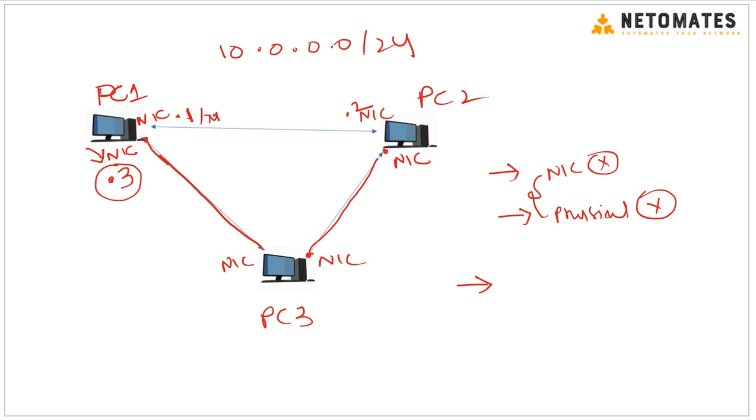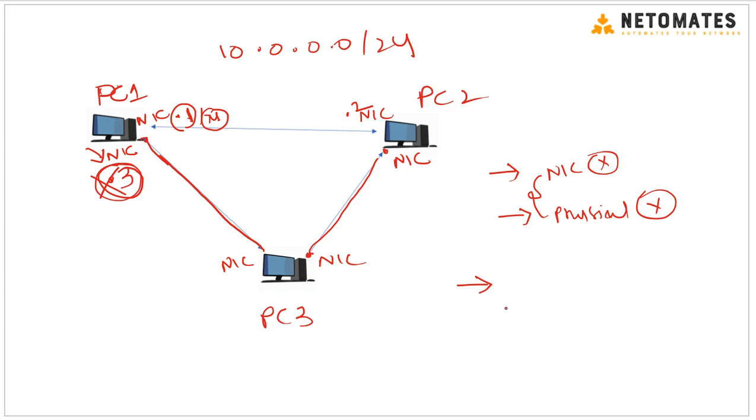That means in this /24 network it already has the .1 IP. If you try to give another IP in the same network, this PC won't allow it because it will have a conflict. So this is not even possible. There is no way we can put all the PCs in the same network with this design.